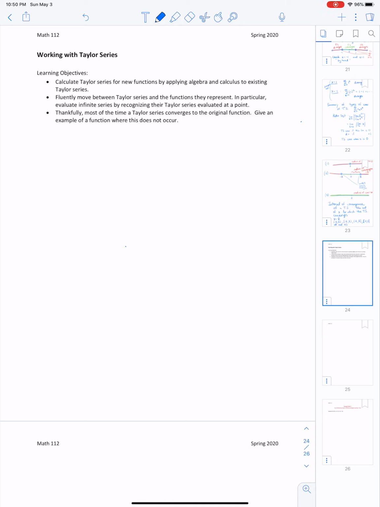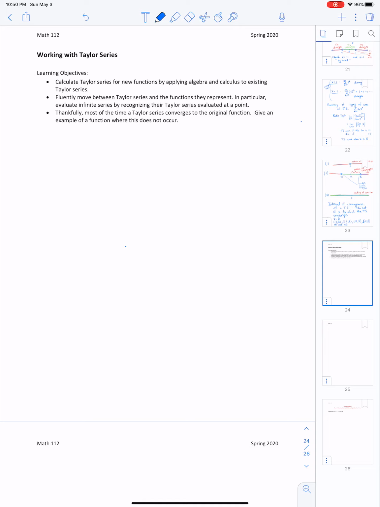That's a little bit like when we used, in preview activity 8.3.1, Taylor series, or at least the ideas of Taylor series, to approximate the number e. And then the third thing we'll do is show you an example of a Taylor series that converges but does not converge to the original function.